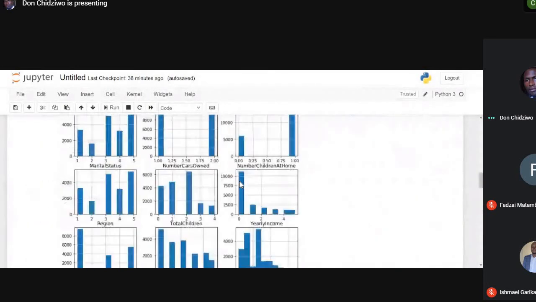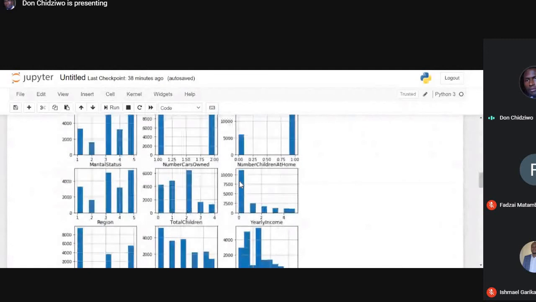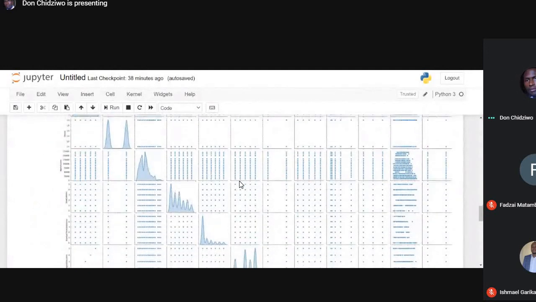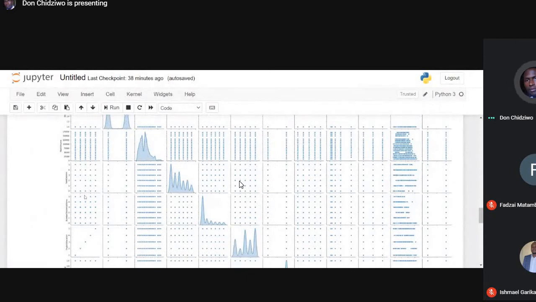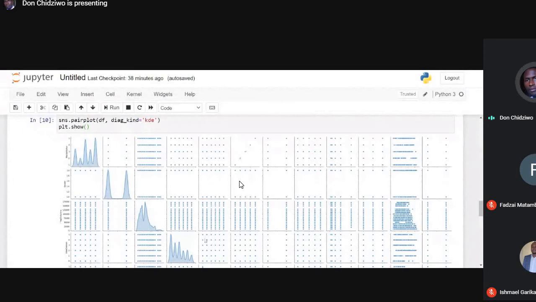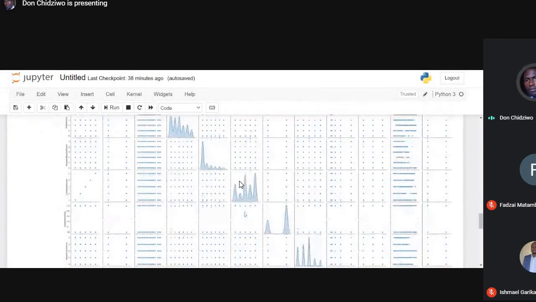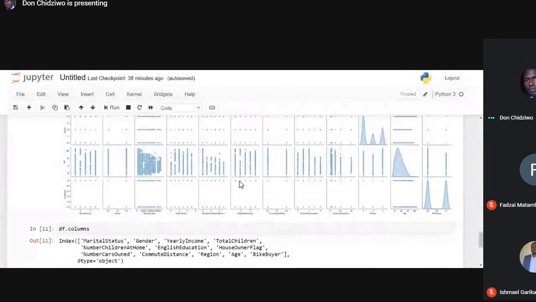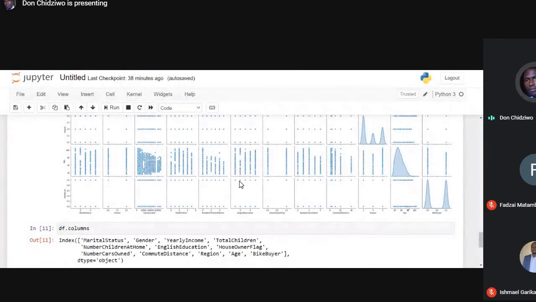For example, using the pair plot that we've just done. If these were numeric, for instance, let's look for where is age, it's here. Can you see this?